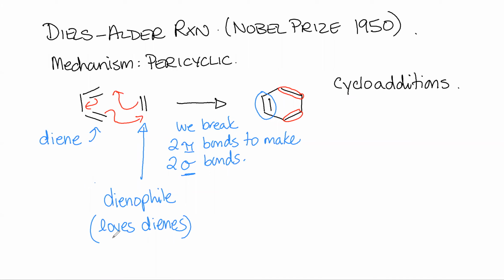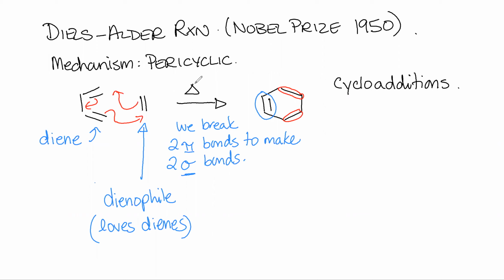Most of the time these reactions are just carried out by heating them up. You put them in a high boiling solvent, heat them up, and the reaction goes. Sometimes people use pressure as well.